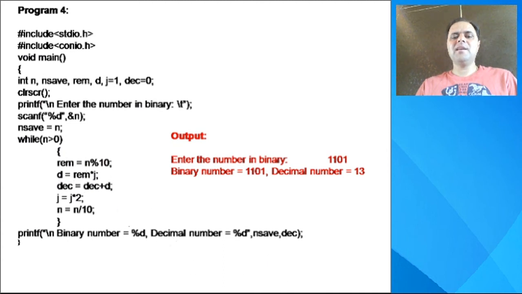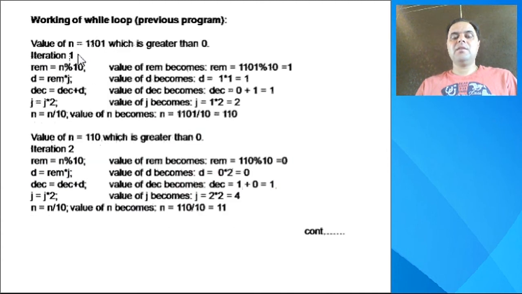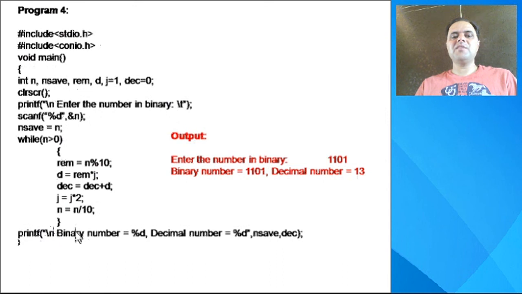So remainder becomes 1, and d becomes 1 into 1, which is 1, and decimal becomes decimal plus d. 0 plus 1 is 1, and j becomes j into 2, which is 2, and n becomes n divided by 10. Because it is integer division, it is 110. This is the first iteration.